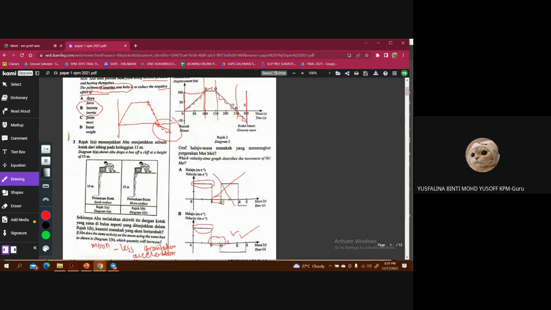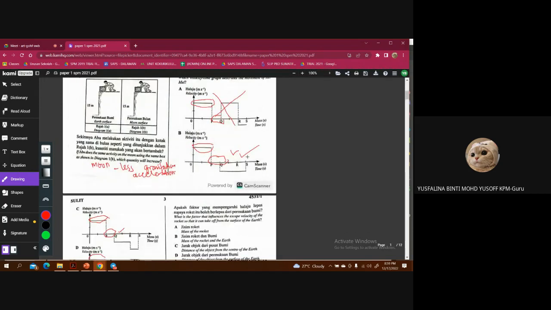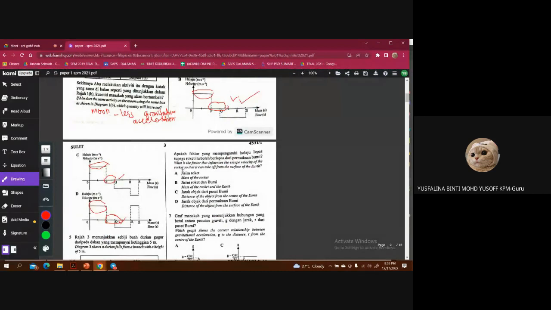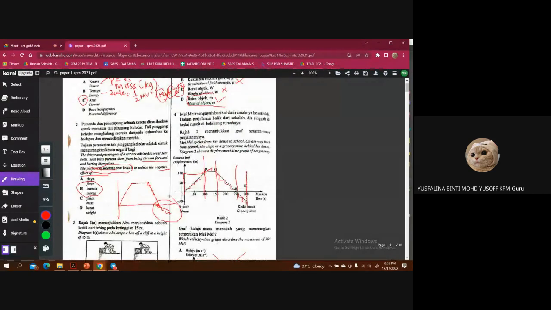But for this question, they only have a straight line. So there is no change, right? So you can just put B as the answer, not C. Because if C, at RS the line would be different. It cannot be a straight line. Maybe it curves like this or like this. That one depends.